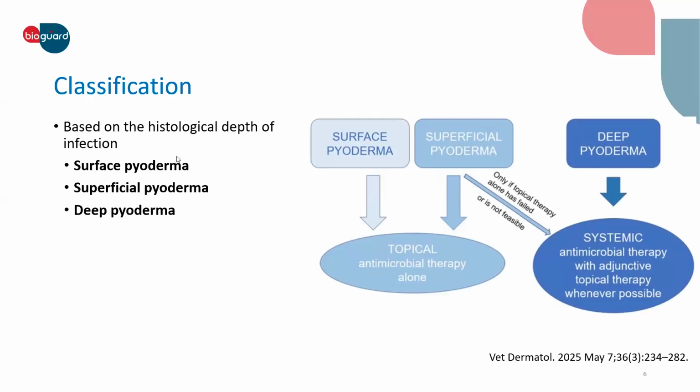So we classify them into 3: surface pyoderma, superficial pyoderma, and deep pyoderma. The advantage of this classification is that it's easier for us to decide how we treat the dog with these 3 different pyodermas. You can see this figure.